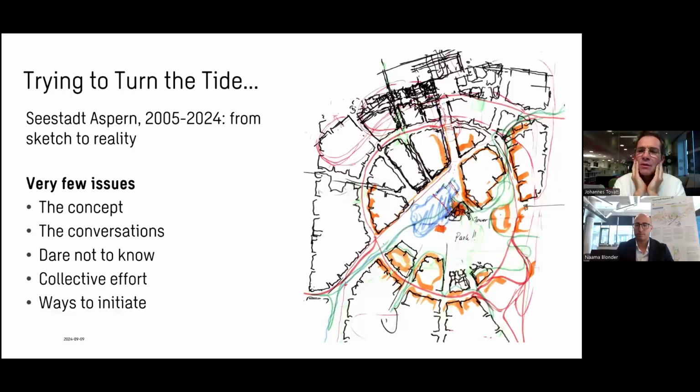It started off as an international architects' competition in 2006, with a long list and short list, and 10 proposals were handed in at the end. I was the lucky one with this sketch here beside. And there are very few issues we can touch upon here in a few minutes.